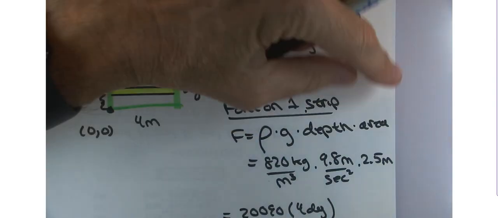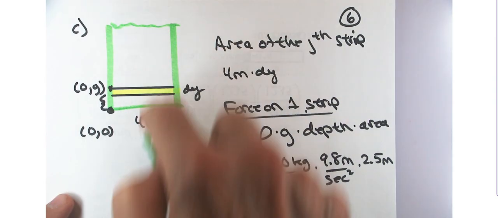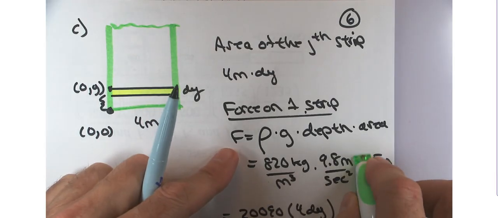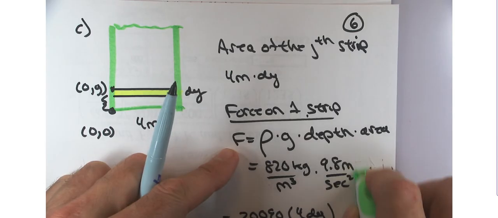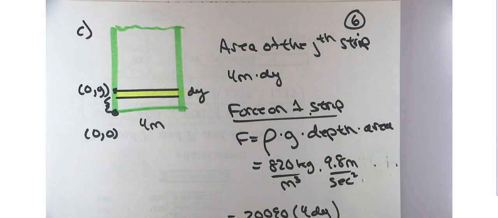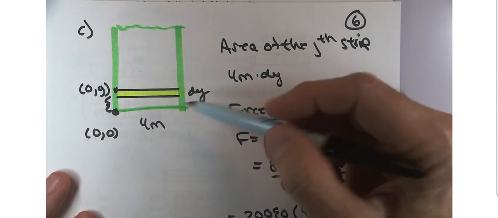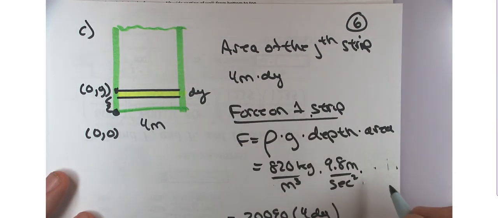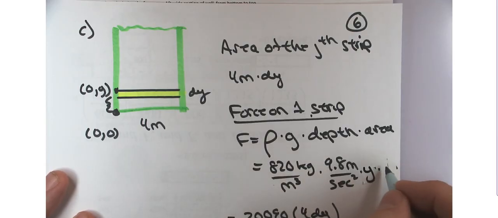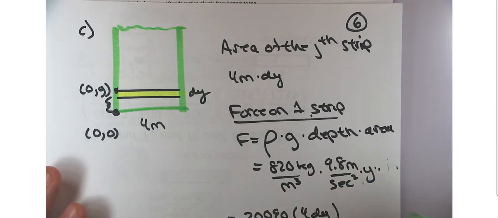The depth is not 2.5 because you were not at a consistent height for all these things. So that depth isn't just 2.5 meters or 4 meters or whatever. That depth is going to be y. Then I need to multiply by the area. So let me fix this.